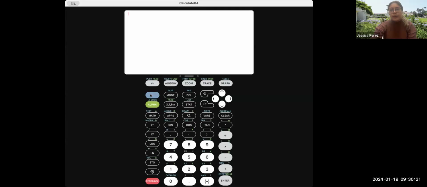Okay. So I begin by doing second list down here. See how there's L1 and L2. My L1 will be my X values. So I'm going to go back to my data and it's going to be 0, 1. I'm going to put this next to me while I'm working on it.